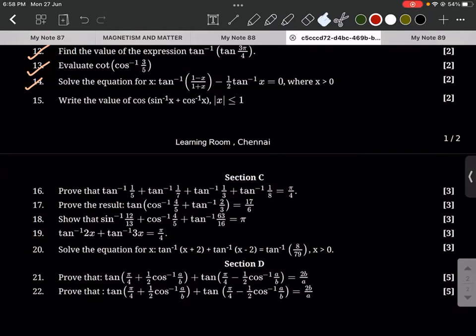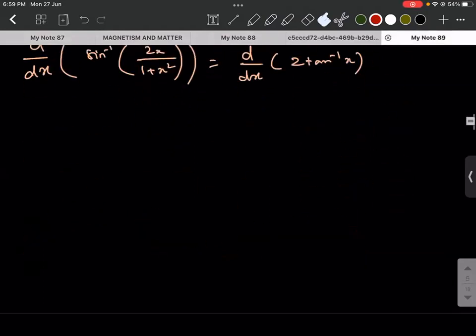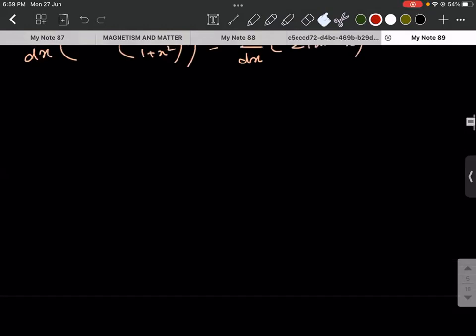Solve the equation for x. Which one is it? The 14th question.